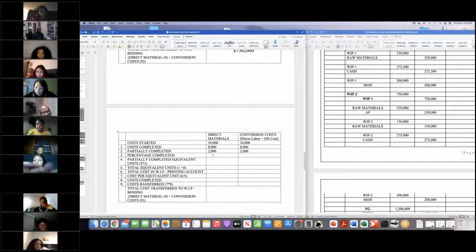What's the percentage completion on the raw materials? 50%. What's the percentage completion on the conversion cost? 75%. So the partially completed equivalent units on raw materials is how much? 1,500.